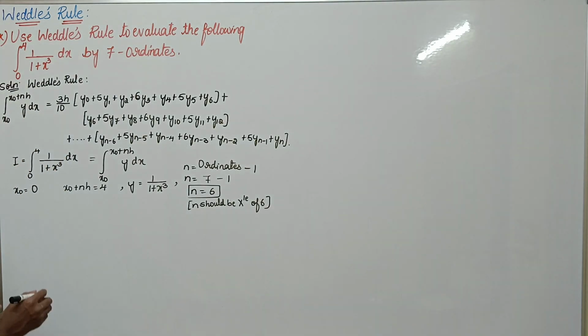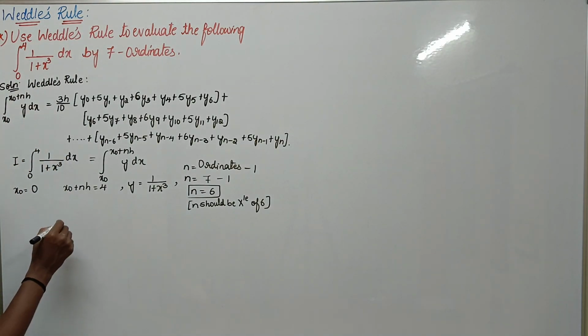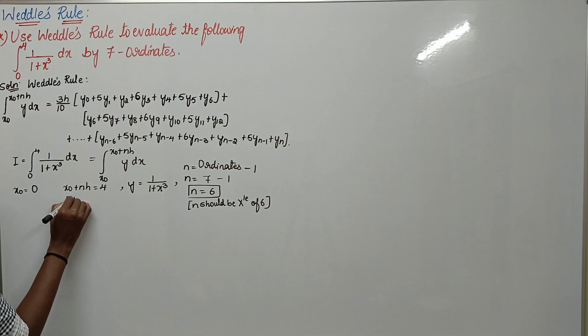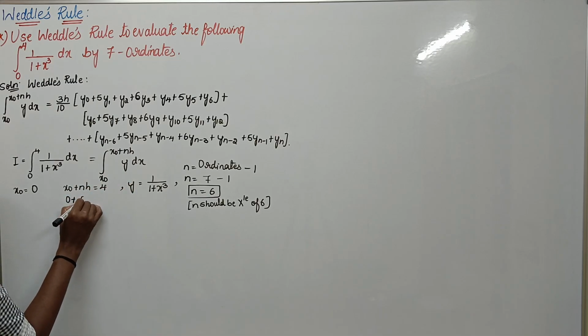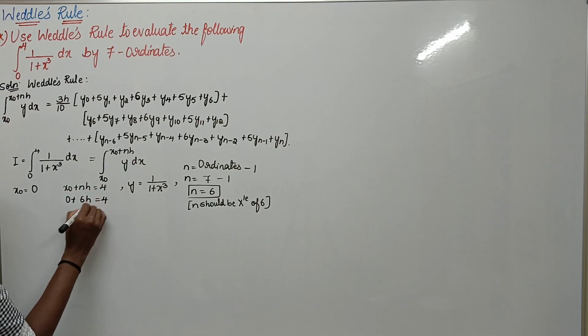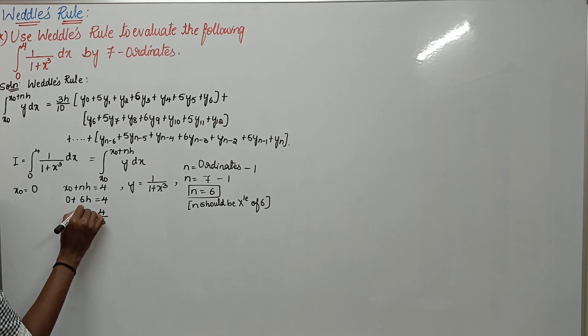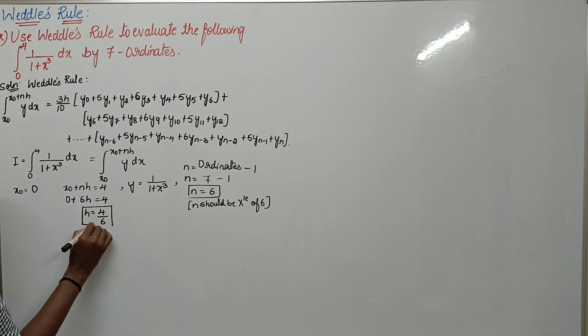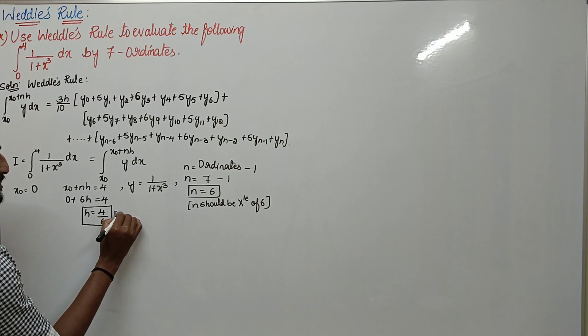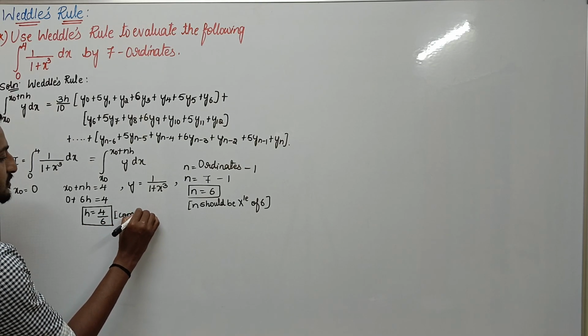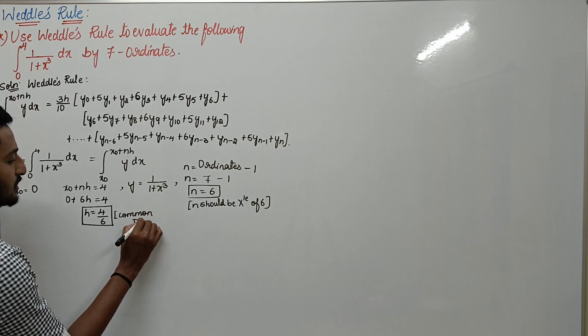Okay, done. Now considering this, I am going to represent h, that is x naught is 0 plus n, I have 6, h equals 4 by 6. This I can represent as the common difference.